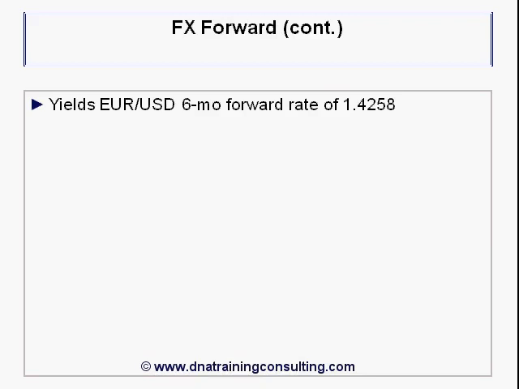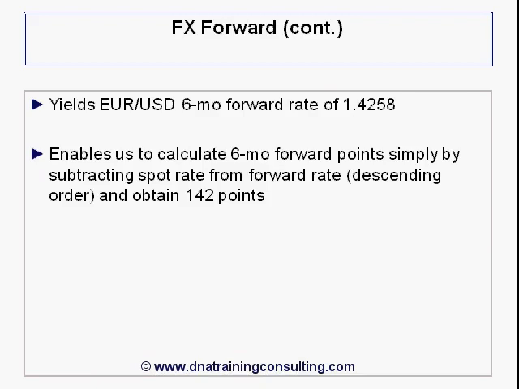You can confirm on your own that inserting the above data yields a euro-dollar 6-month forward rate of 1.4258. This, of course, also enables us to derive the 6-month forward points simply by subtracting the spot rate from the forward rate to obtain 142 points.